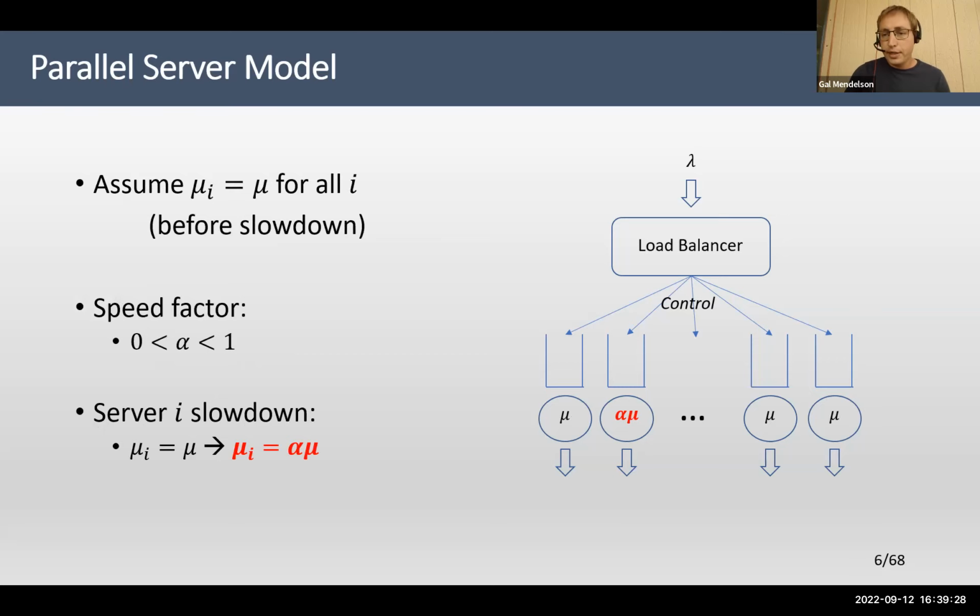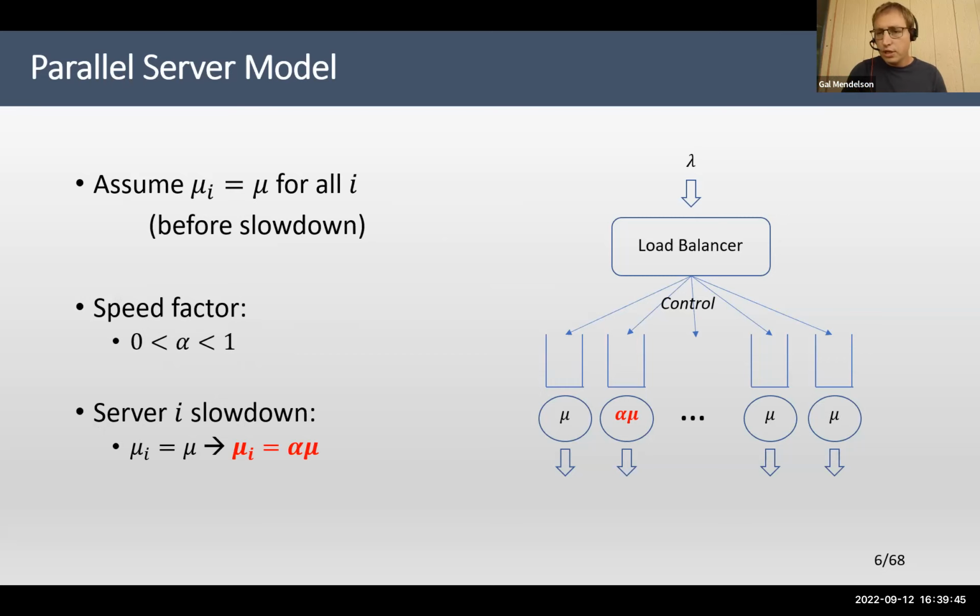All right, key assumption throughout this talk. We assume that before slowdown, when everything was fine, all of the servers have the exact same rate. We don't deal with the case where before slowdown the servers may have different rates.